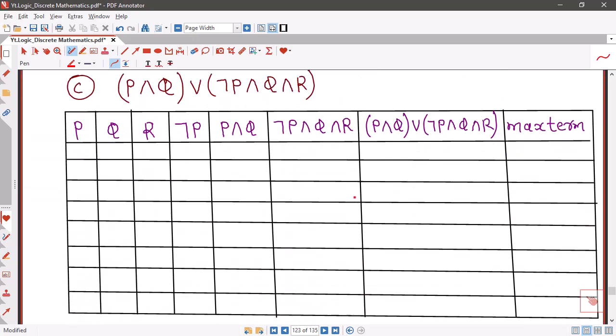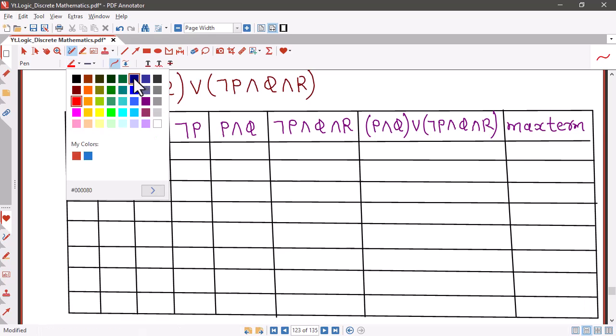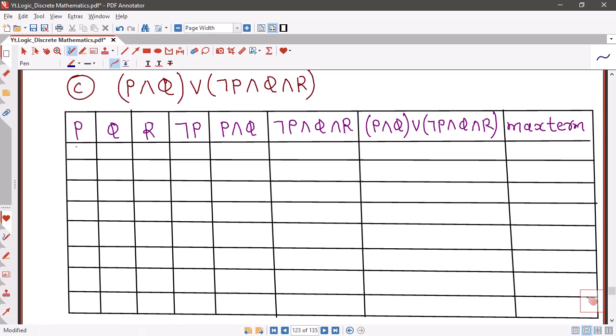Here I have taken another statement formula in which I have three variables p, q and r, and the method is the same. First we will write down possible truth values for p, q and r. If I have three variables, I write possible combinations in this way.